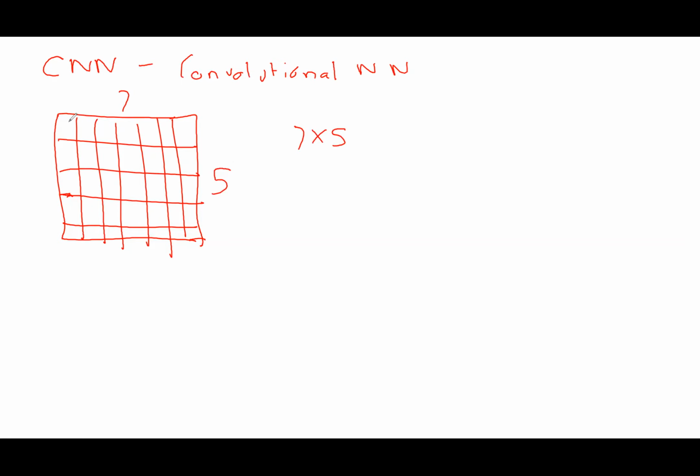Generally if it's a color image, each pixel will have 3 values, called R, G, and B, the red, green, and blue components. Because these are primary colors, every combination of red, green, and blue pixel values can give you a color. But for simplicity's sake, let's take a gray level image, a black and white image. In that case, it will only have one value because it's grayscale, between 0 and 255.